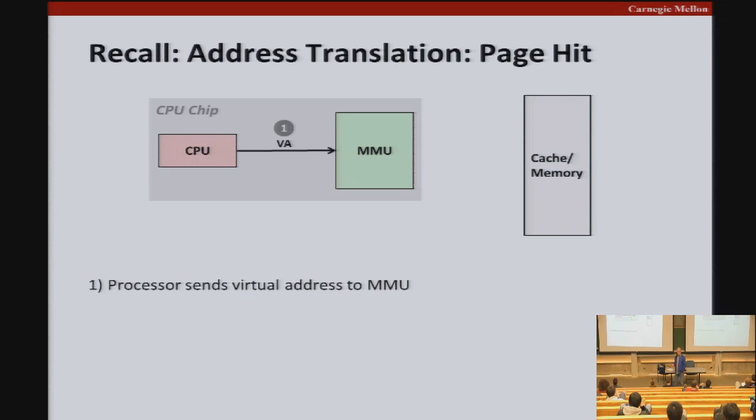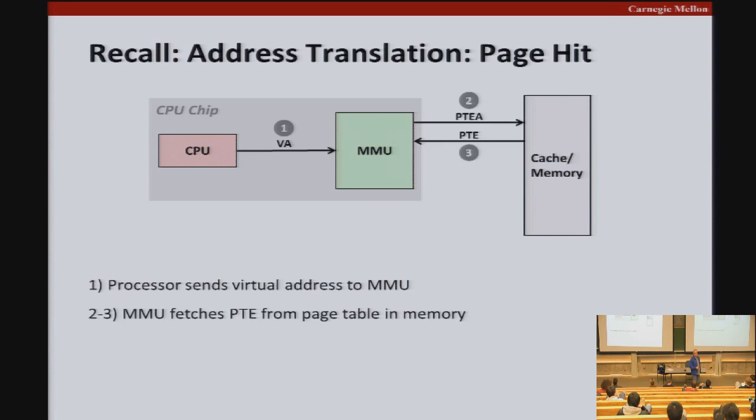This is generally controlled by the memory management unit. So the CPU issues an address, and every address it issues is a virtual address. I will repeat that several times today. Okay? The memory management unit then will use the method of combining the page table base register and the virtual page number to present the page table entry address to the memory system.